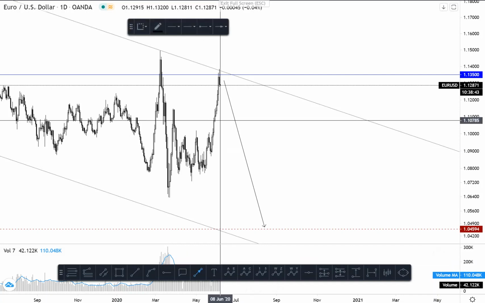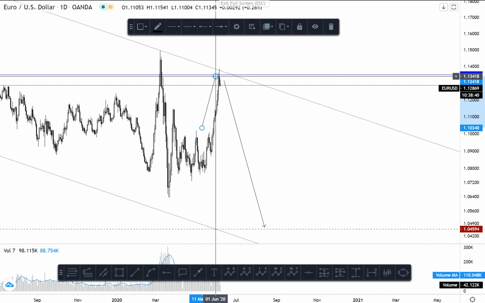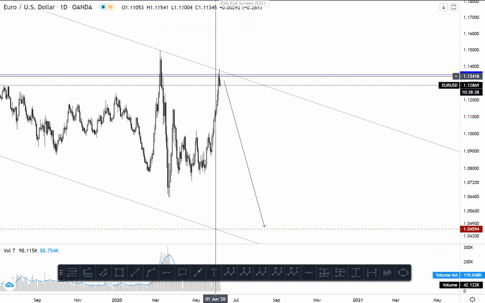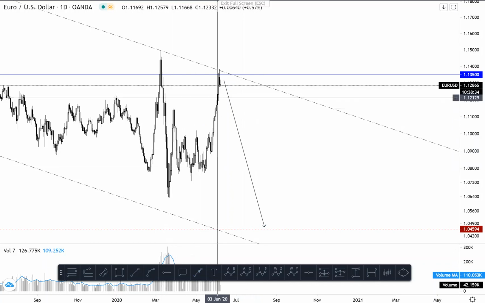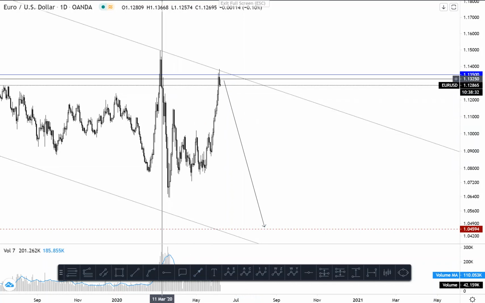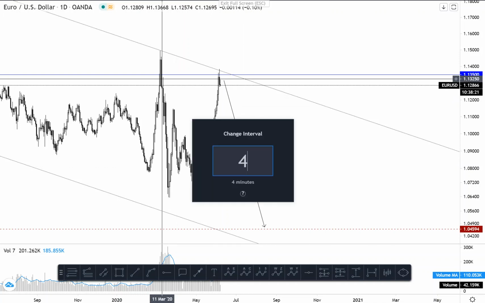Usually after these kind of parabolic moves higher without any bearish daily closes, we can always expect a retracement. This doesn't mean we're going to see another replication of this crash in March, but it does mean we will see surges and downside pressure, at least in a corrective instance.